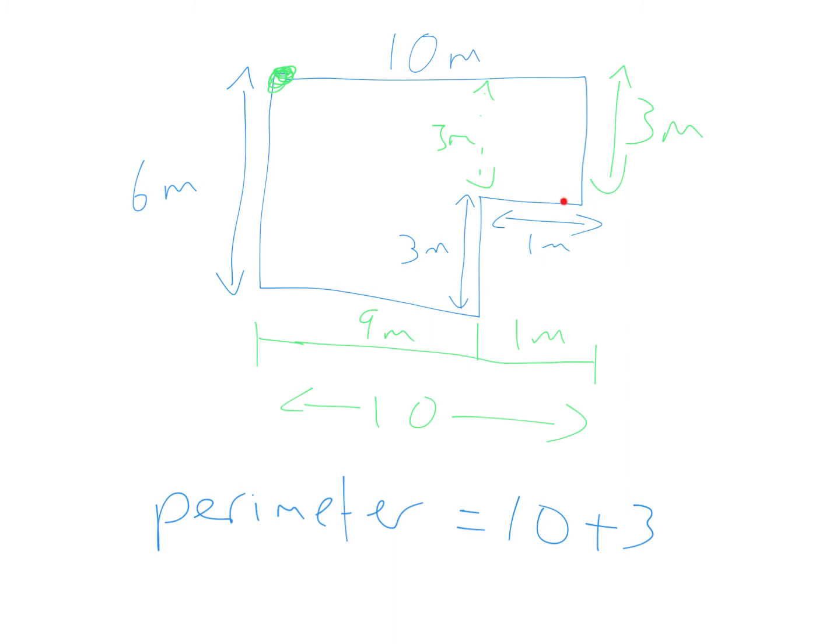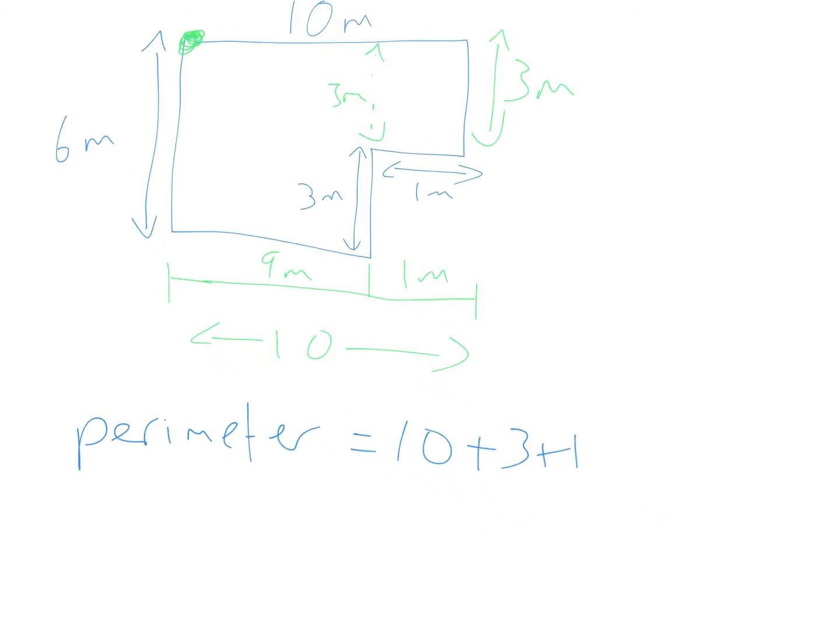Then you're walking 1 meter in towards here. So we can add 1 on. Then you're walking 3 meters down here. So we can add 3 on. Then you're walking 9 meters back to this corner. And then 6 meters back to where you started from. So our total perimeter here, when we add it all up, is 32.